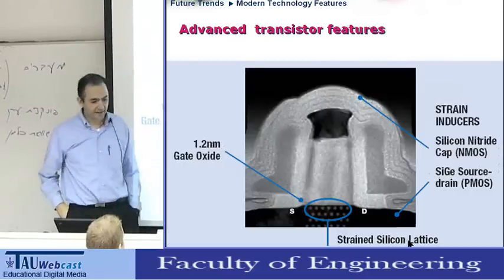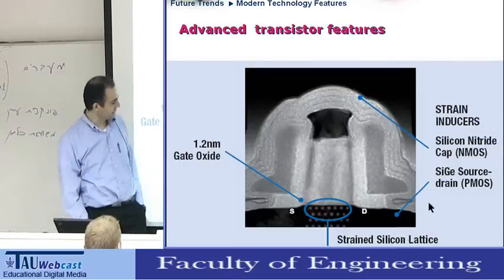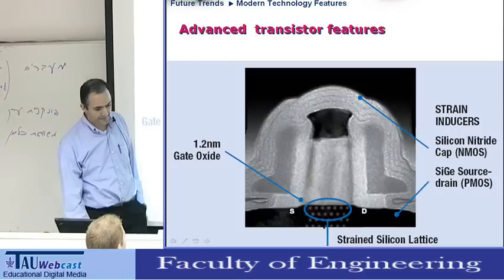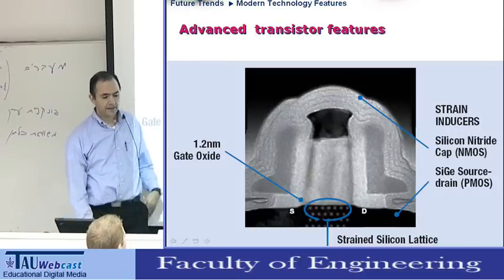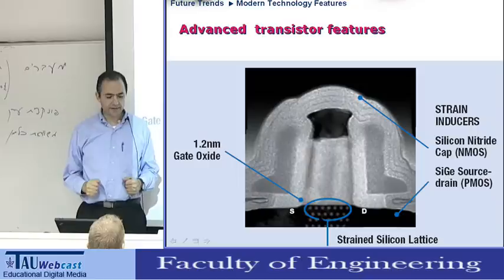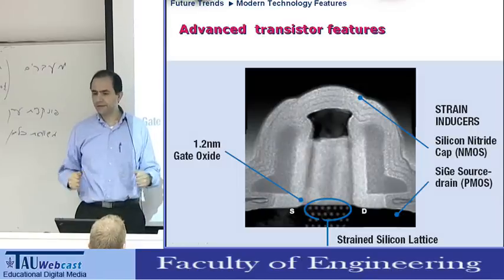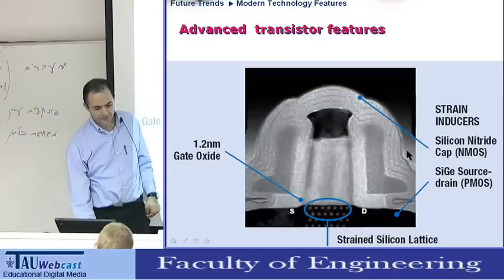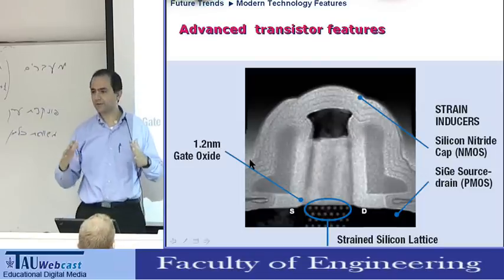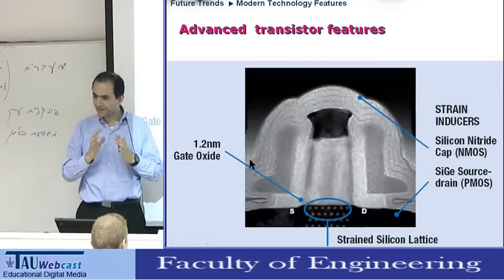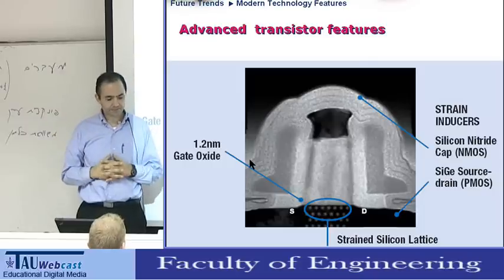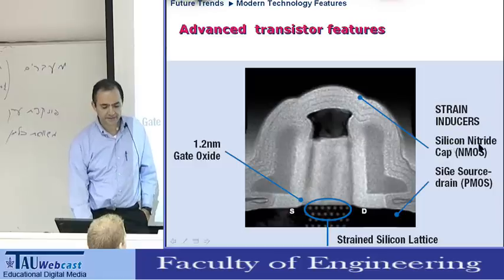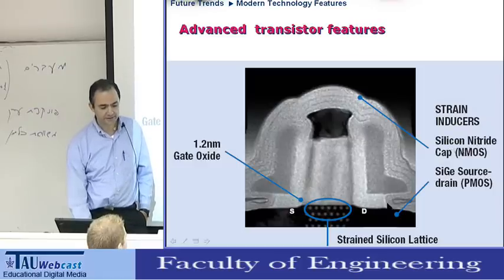Next is strained silicon. What we can see here at the bottom is an effect where the silicon is being strained or stressed by some capping of the transistor with different layers. The different layers stress or strain it. And we use silicon nitride or some other things.